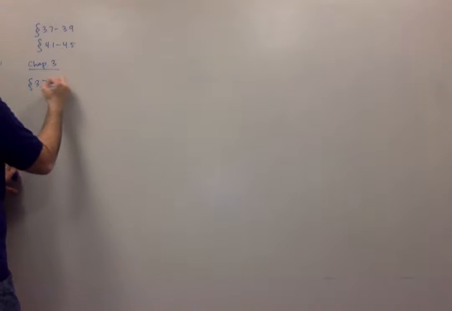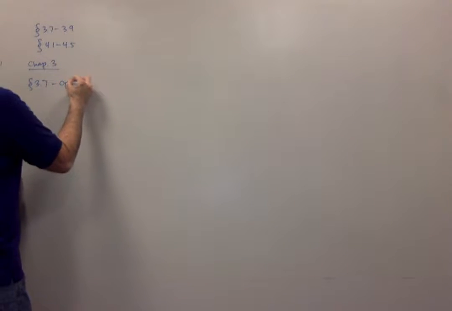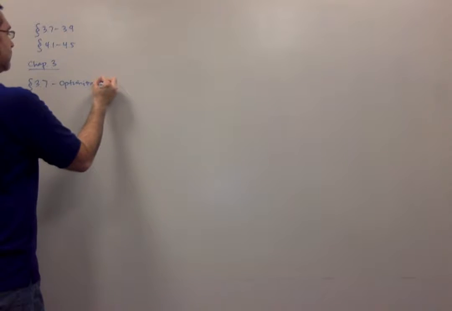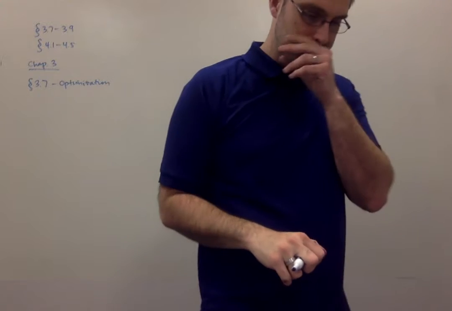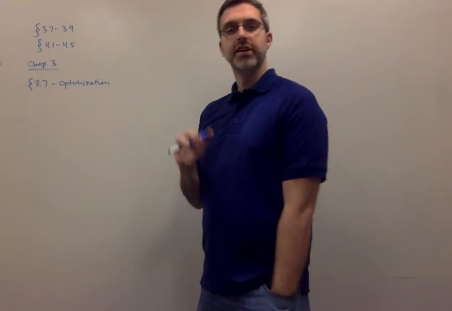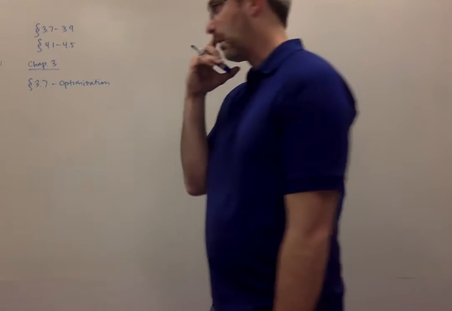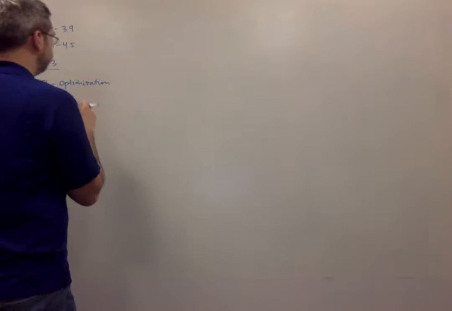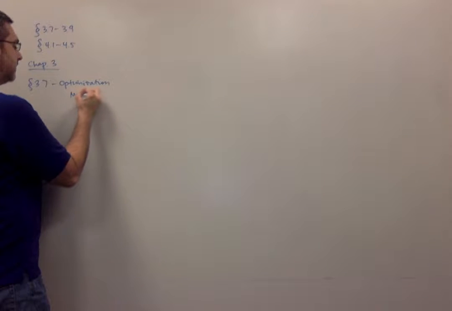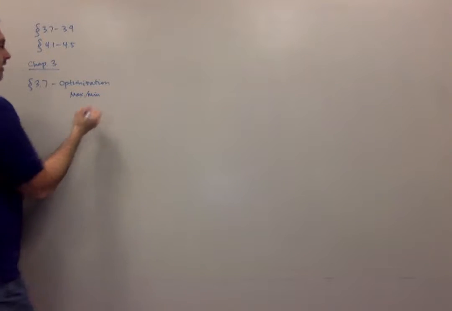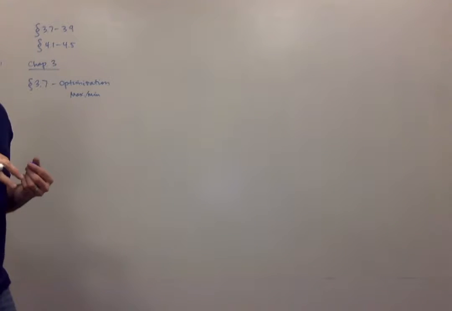So the first one, section 3.7, was our friend optimization, which is our word problems. Just to remind you, the key word here is it'll say we want to maximize or minimize something, or find the largest or the smallest.